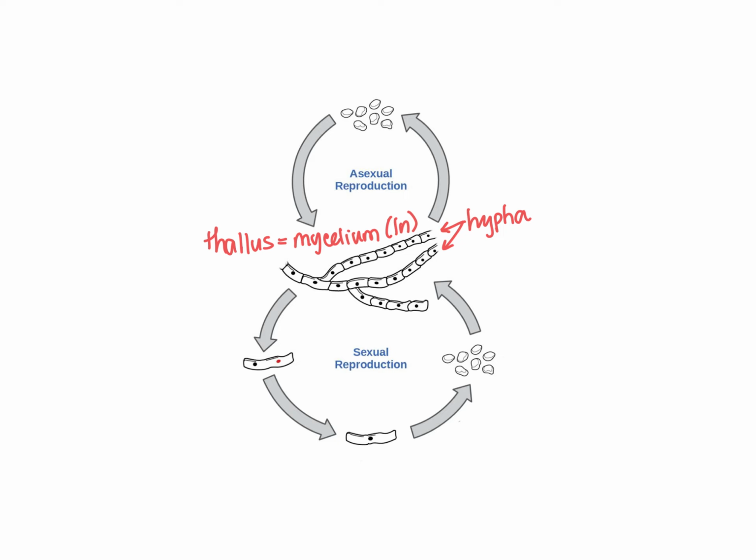Now, when a fungus is going through asexual reproduction, this arrow is going to represent mitosis. Remember that mitosis is a form of asexual cell division. And so what happens is that these cells in the mycelium go through mitosis and produce asexual spores.